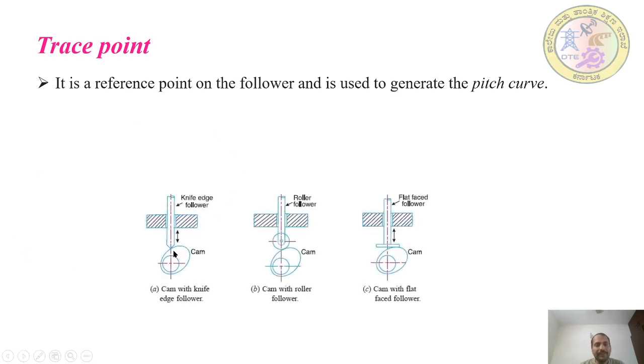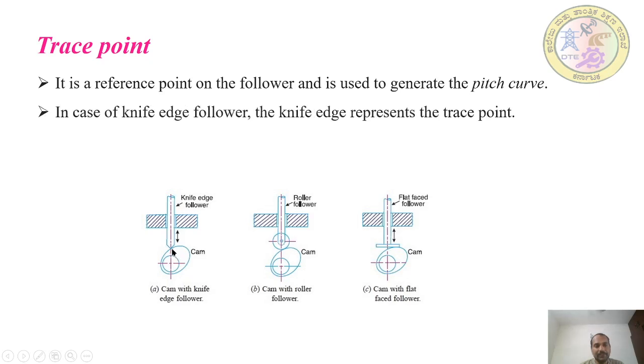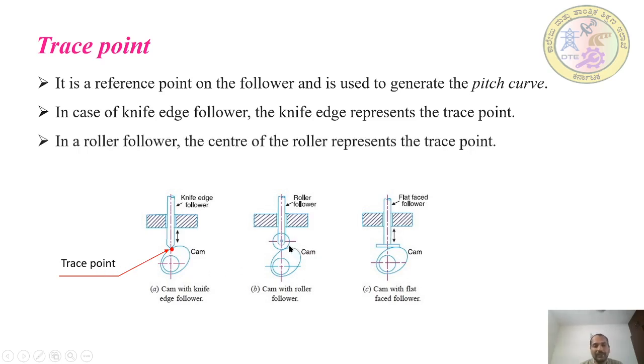In case of knife edge follower, the knife edge represents the trace point. In case of roller follower, the center of the roller represents the trace point. In case of flat face follower, the point of contact between cam and the follower is taken as the trace point.